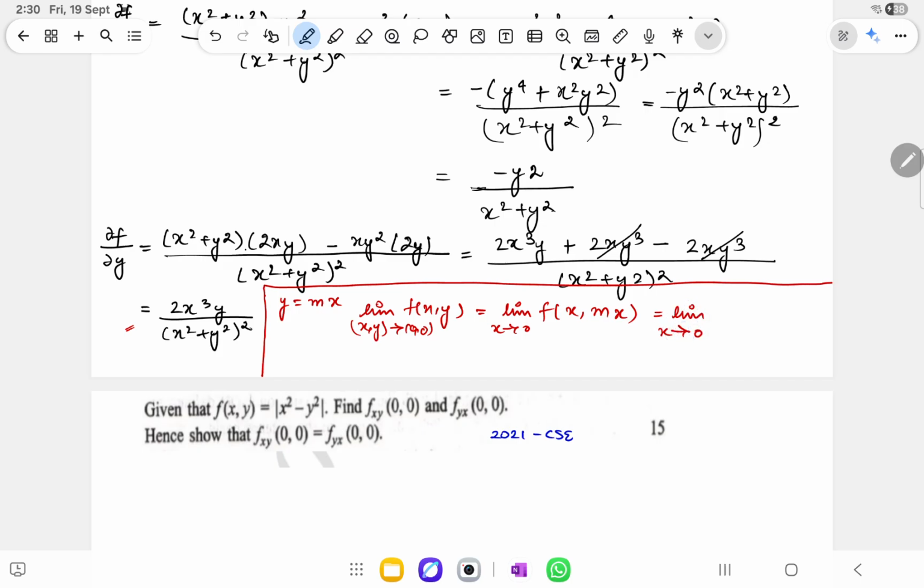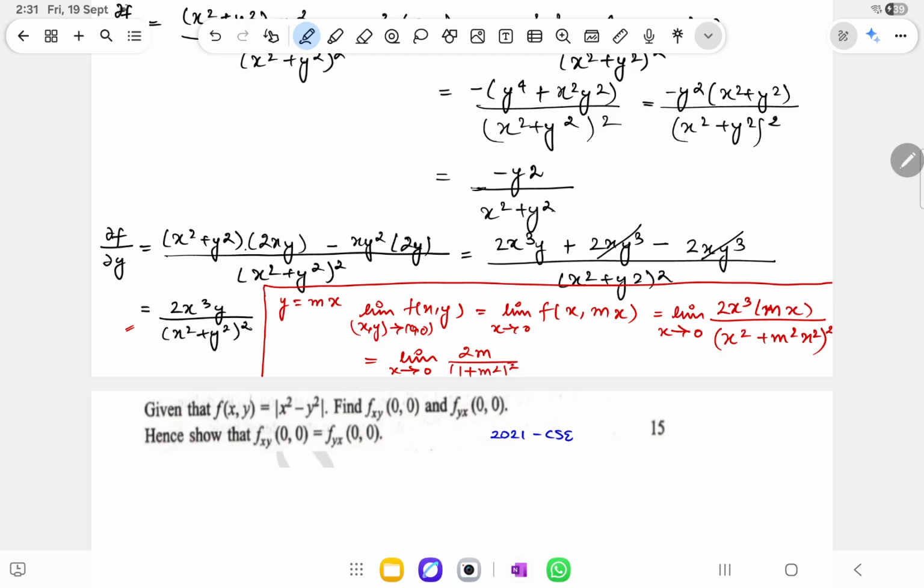Limit x approaching 0 of 2x cube into y, which is mx, divided by (x square plus m square x square) whole square. If we simplify it, we'll be getting the limit as x approaches 0 of 2m divided by (1 plus m square) whole square.